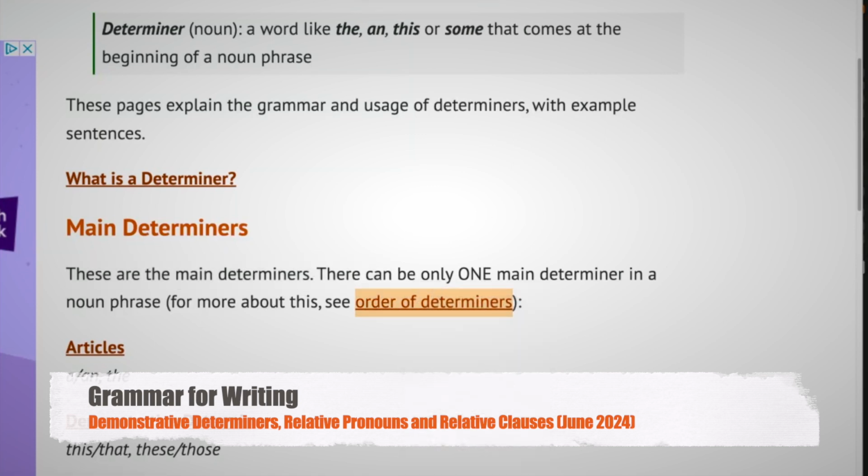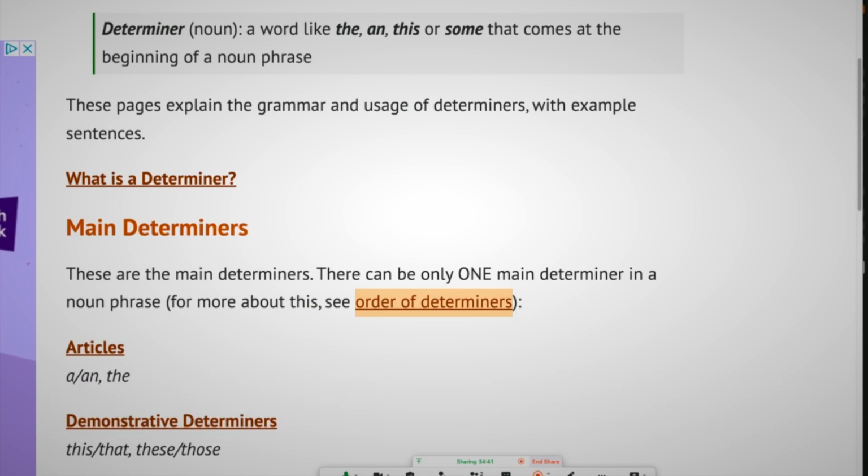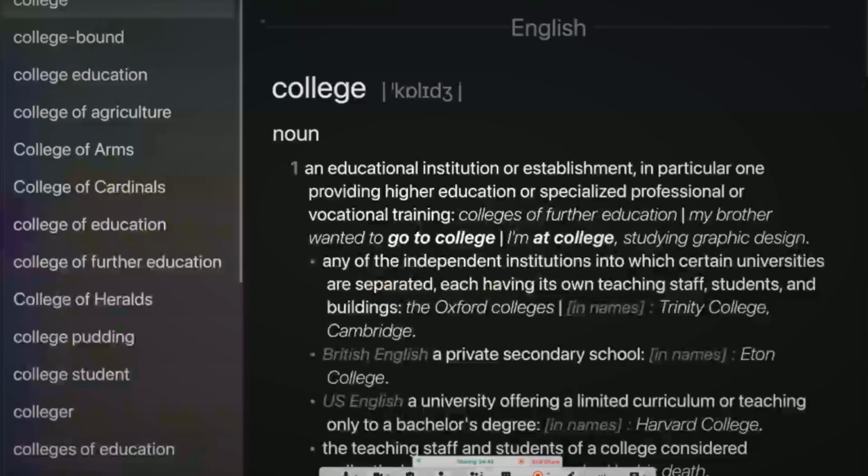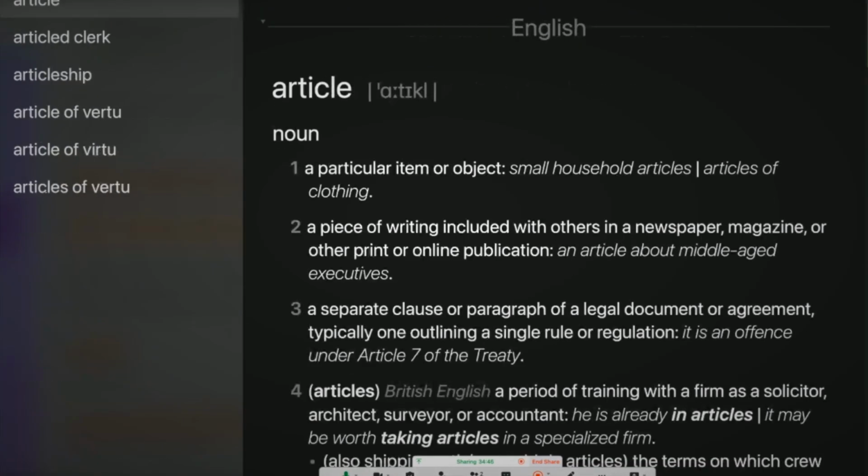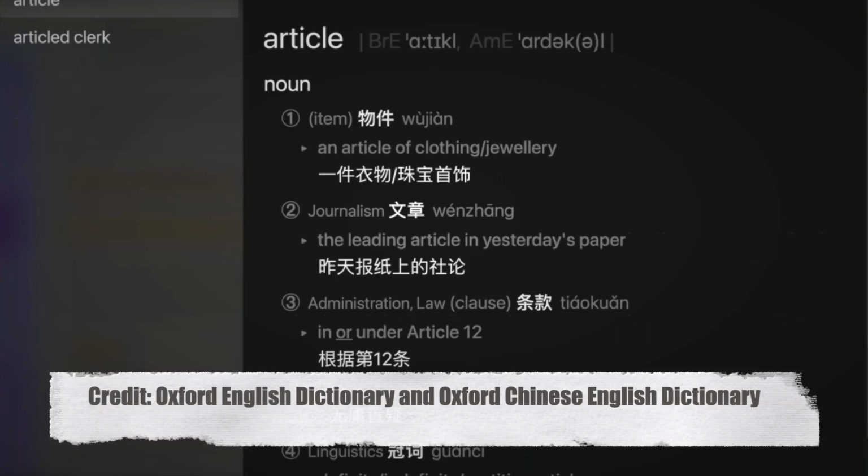So a determiner is like an article. Article in a noun, article in grammar. The word article is used like a measure word. An article of clothing, a measure word, right? This jian, 一件, measure word.